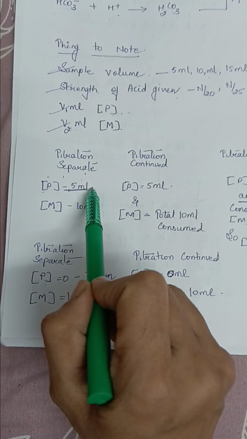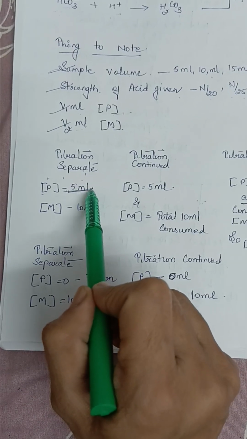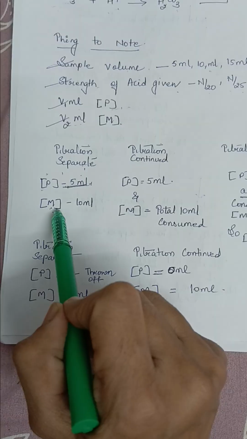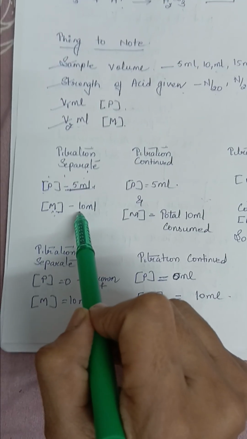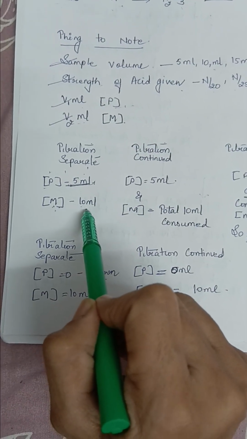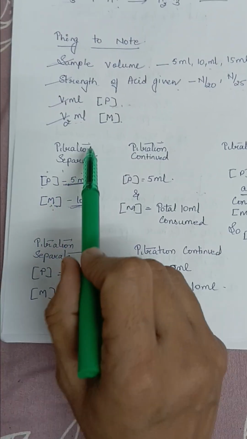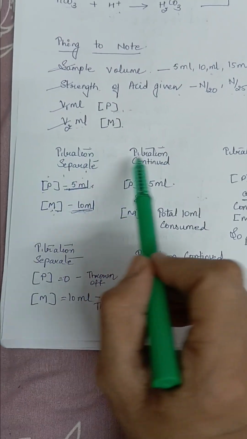This sample is thrown away, and then another sample is taken, methyl orange is added, and the yellow color turns pink when the burette reading is 10 ml. It means the titration was separate.